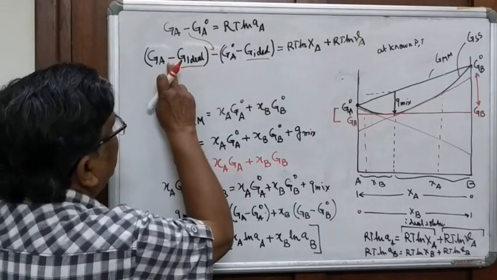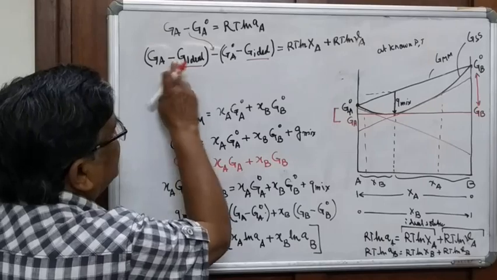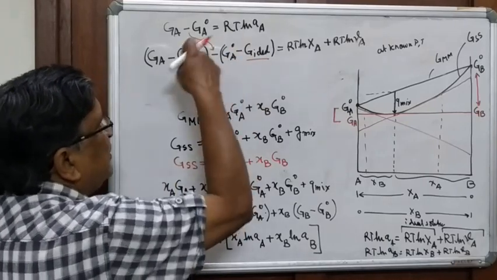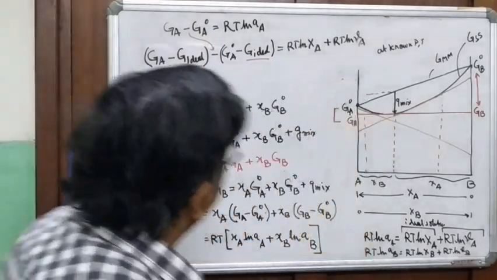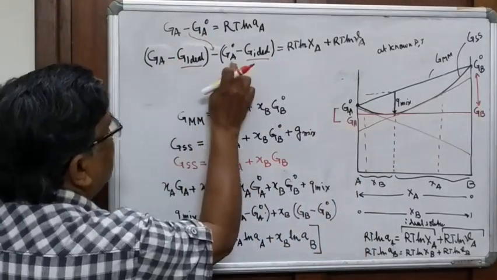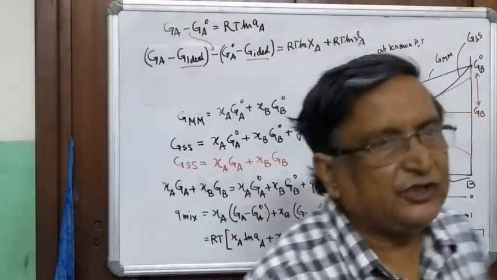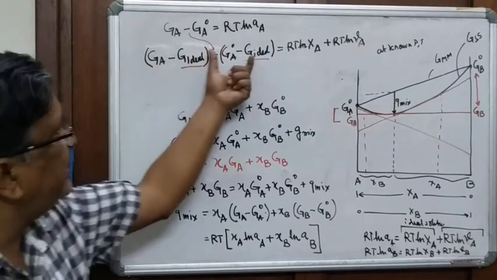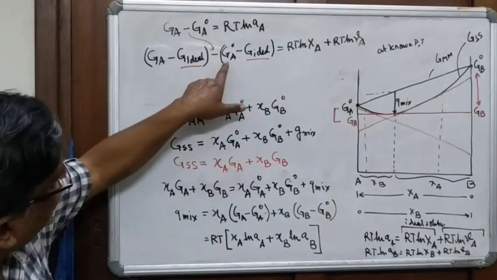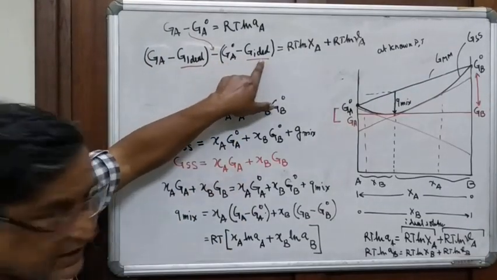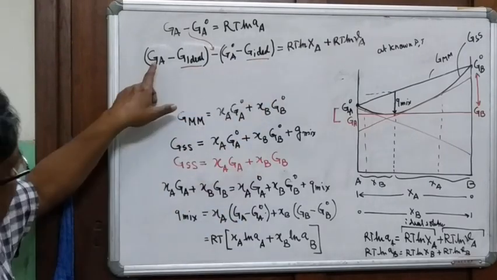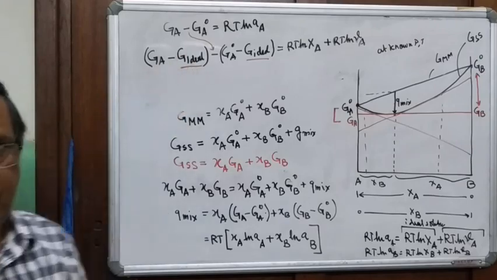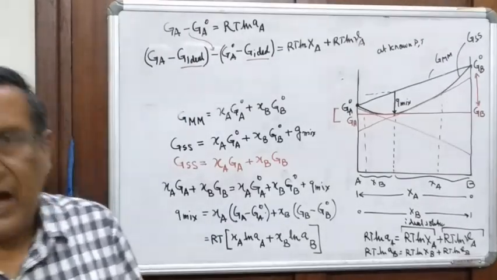So what happens? Here, G ideal is negative, and if you break this bracket, then G ideal is positive, so it cancels out. And equation goes back to GA minus GA0. So the manipulation here is very simple. This part has been divided into two parts. One is for the pure component GA0 minus G ideal, and for GA minus G ideal, two parts. I have broken it up.